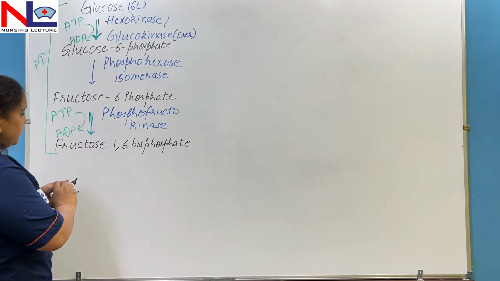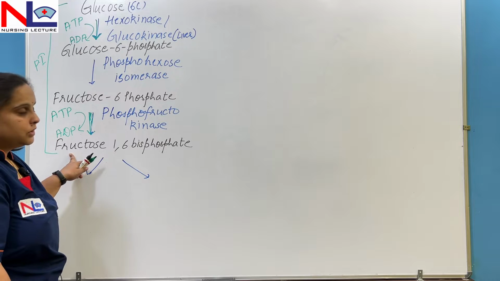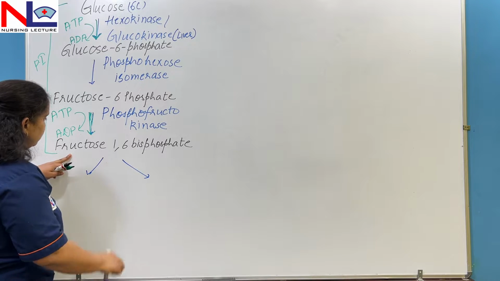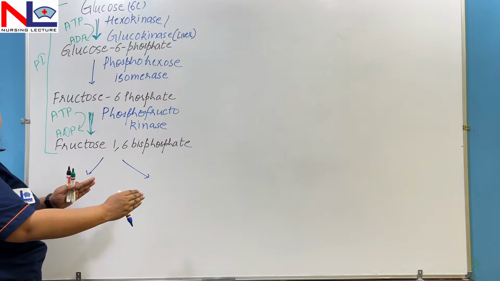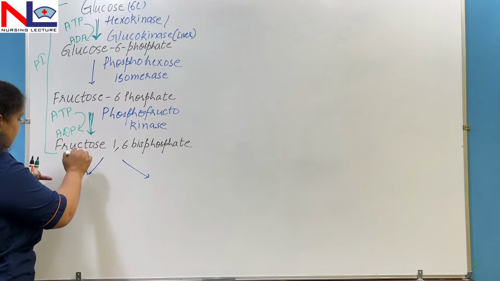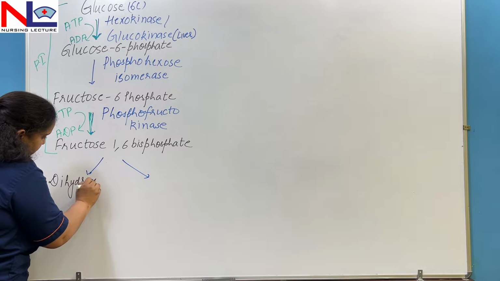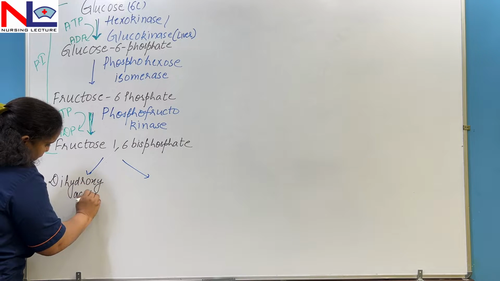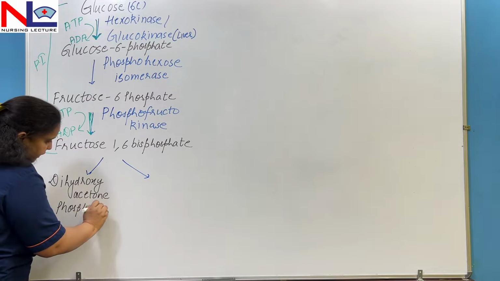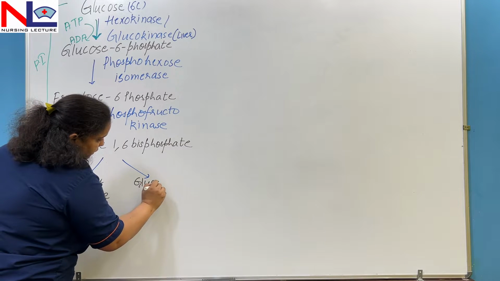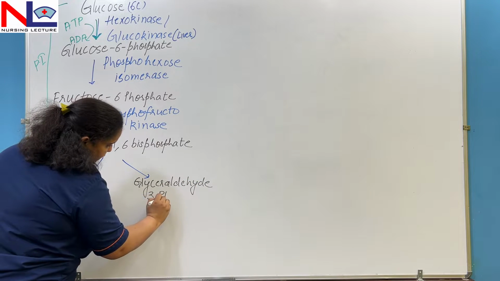Now the second phase comes, that is the splitting phase. Splitting means here the structure contains 6 carbons, and now this structure splits into 2 molecules, and both molecules contain 3 carbons in each. So one is forming dihydroxyacetone phosphate, and the other molecule is glyceraldehyde 3-phosphate.